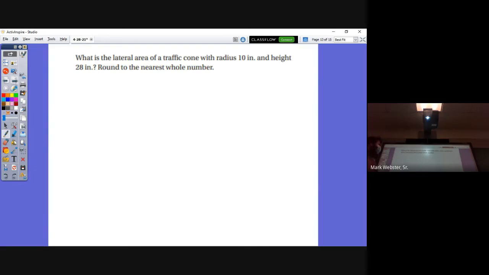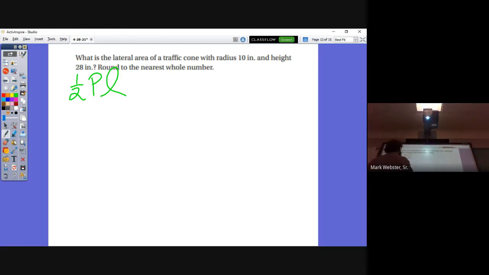All right. Same thing. Just a matter of, they give you the height again, not the slant height. So a radius of 10, a height of 28, not a slant height. And then we just want the lateral area again. So again, same idea, right?